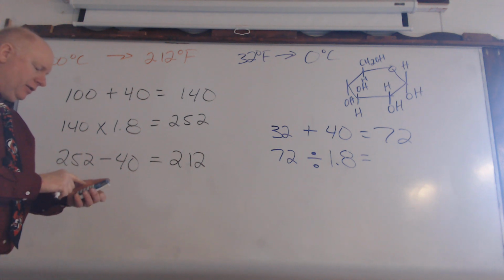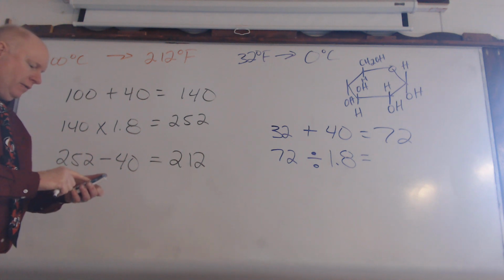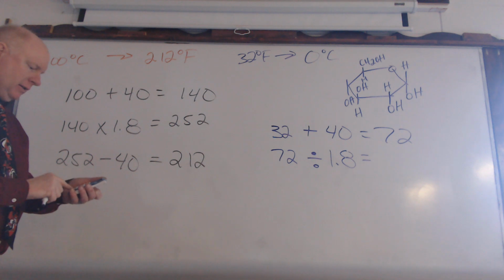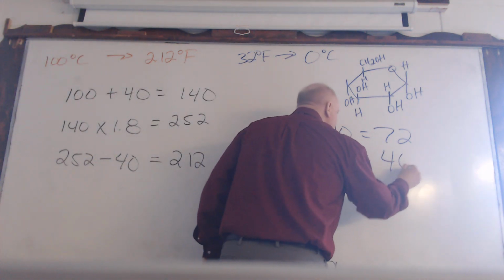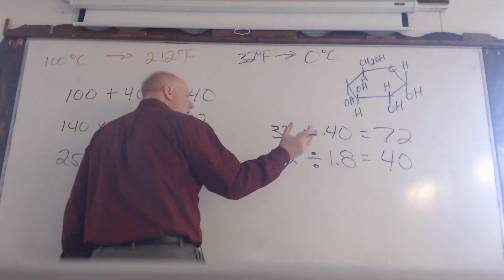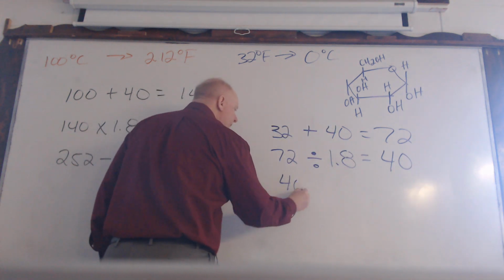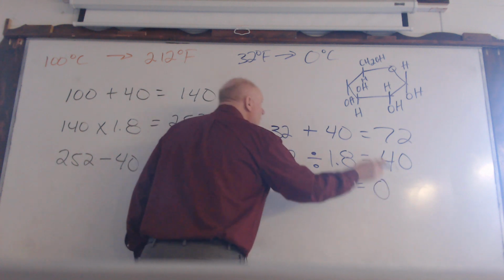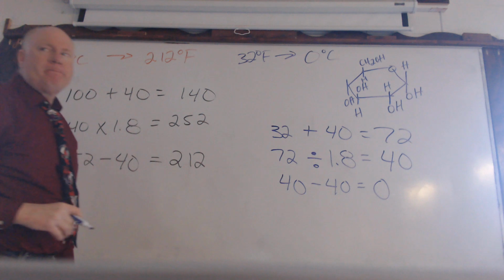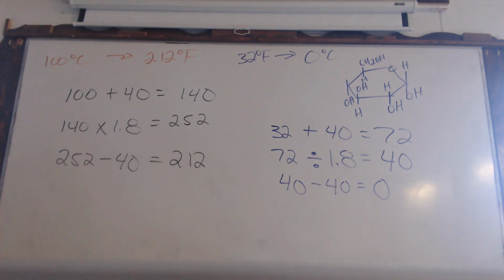In other words, 72 divided by 1.8. And holy cow, what a coinkydink, right? So then in our third step, just like what we had predicted. You will always add 40 in your first step.